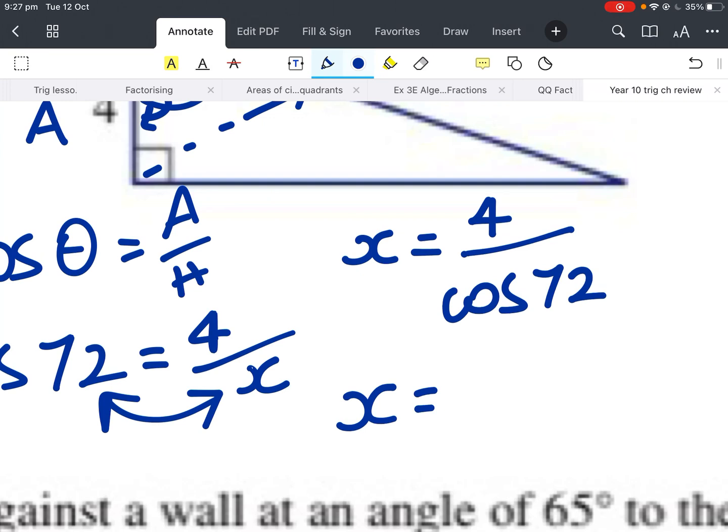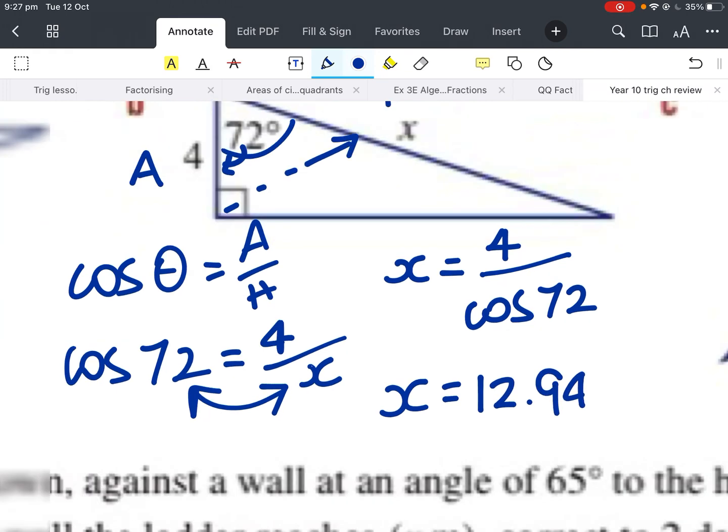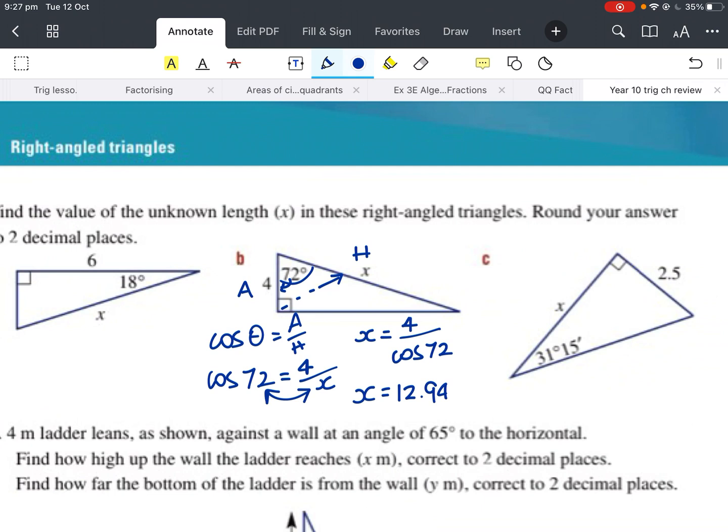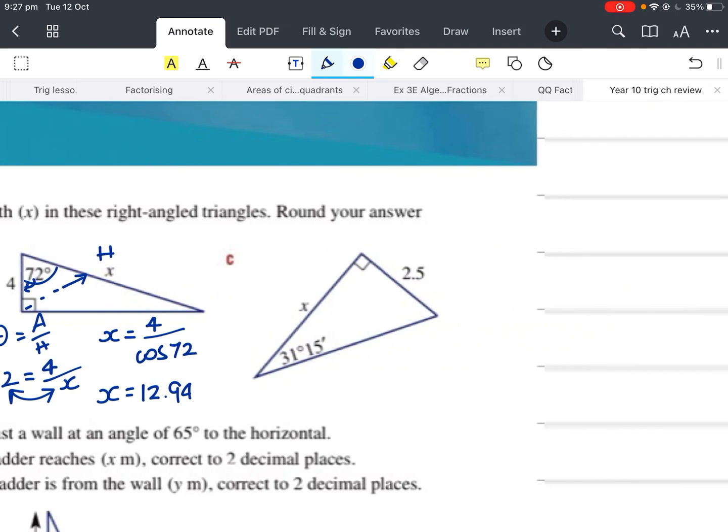Now, if your calculator isn't giving you the correct answer of 12.94, according to me, and hopefully it's to 2 decimal places again, yes it is, then you might need to put a bracket around the cos and at the end of the 72. So 4 divided by bracket, cos 72, close bracket. So if it's not working for you, that might be why.